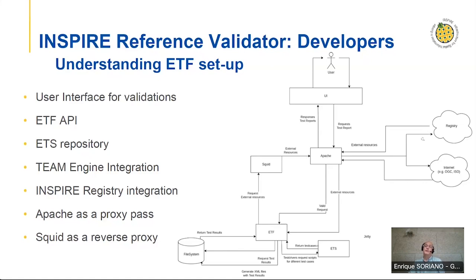So then the response is immediate for the ETF. Instead of seconds, it will be milliseconds, and the performance of the whole validation will improve. This is a first important thing to notice about this reverse proxy that is here.